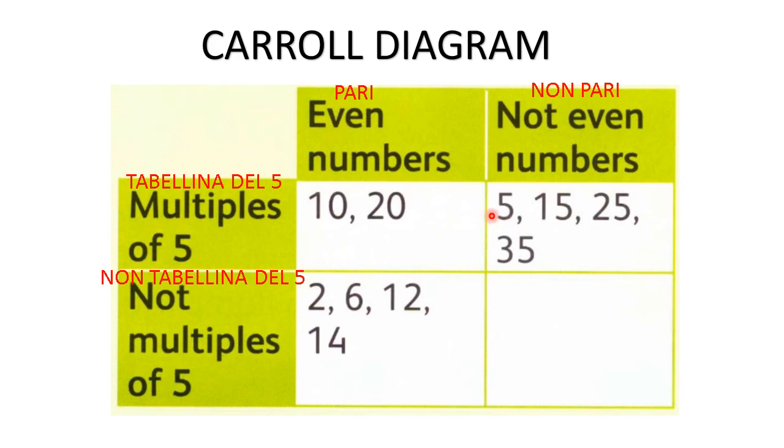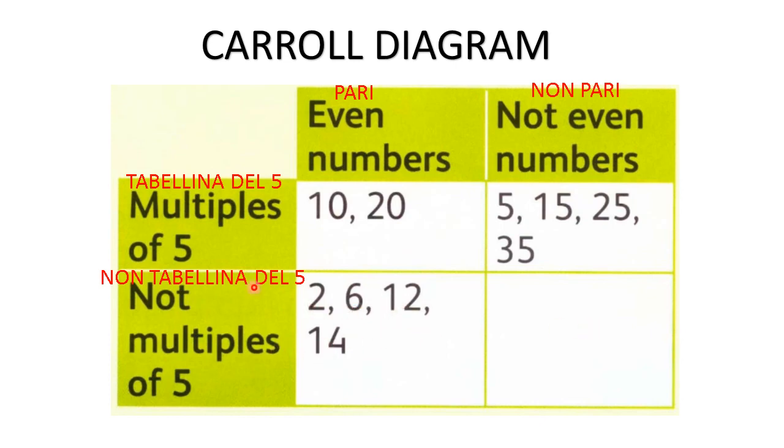Not even numbers are 5, 15, 25 and 35. In the first row we have multiples of 5. 10, 20, 5, 15, 25, 35 are multiples of 5. And in the second row we have not multiples of 5, which are 2, 4, 6, etc.